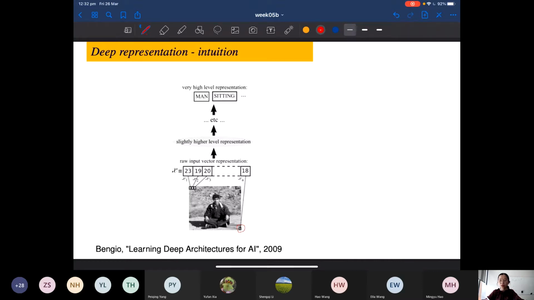The initial representation may be edges and corners, then we start seeing shapes, and after a few layers we start seeing objects.